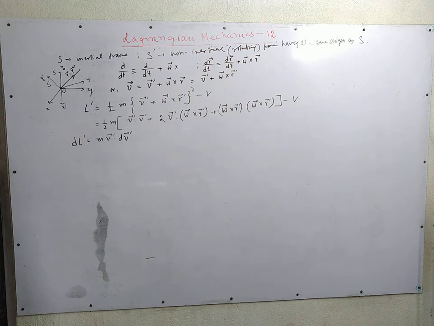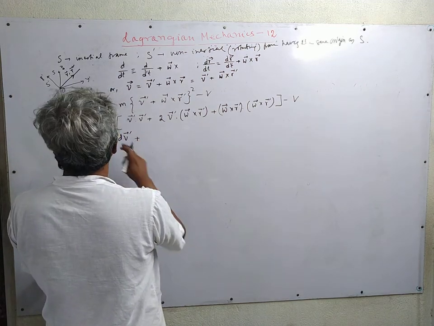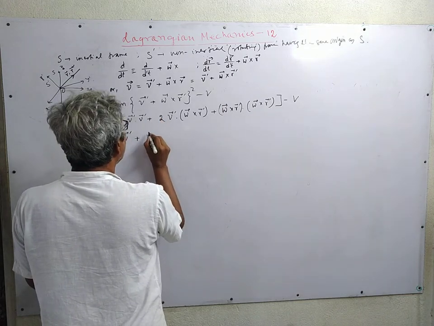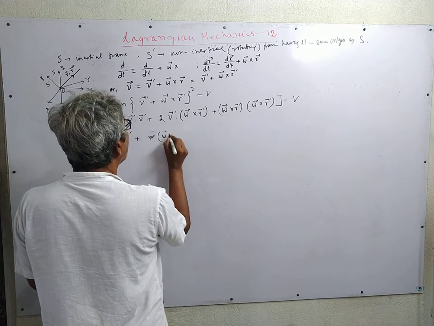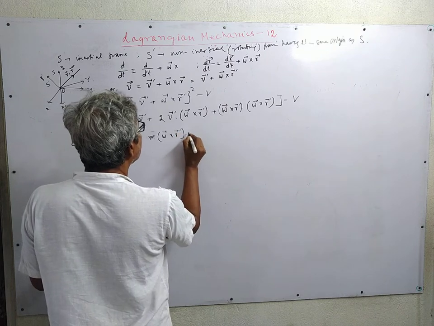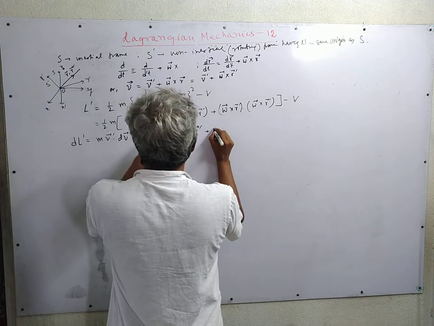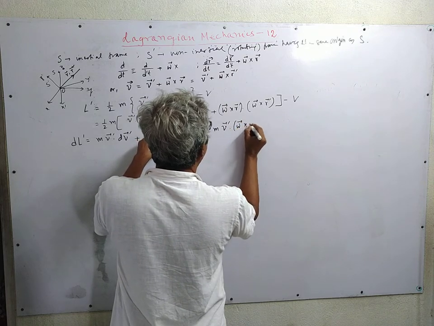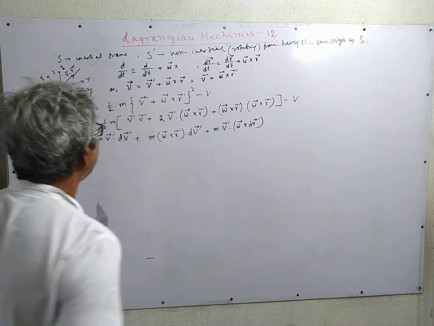So in the primed frame, ω is a constant vector. Keep it in mind. So come to this term. These two cancel out, and this can be written as m (ω cross r')·dv', and again it can be written as m v'·(ω cross dr'). This is the term originating from there.